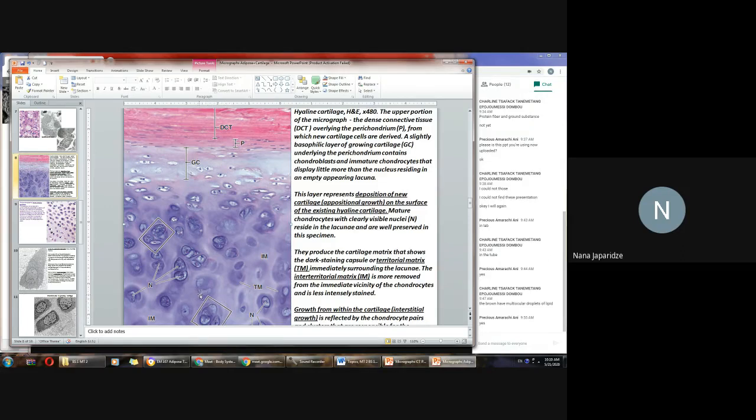And this is interstitial growth. So appositional growth is via the periphery, growing from the periphery to the center, and interstitial growth is from the center to the periphery. Okay? Is it understandable? The difference between the appositional growth and interstitial growth.